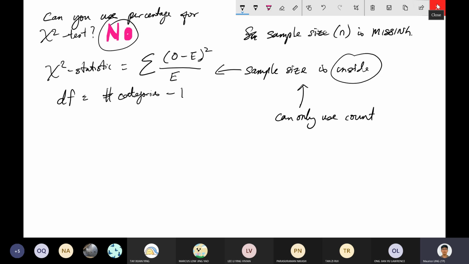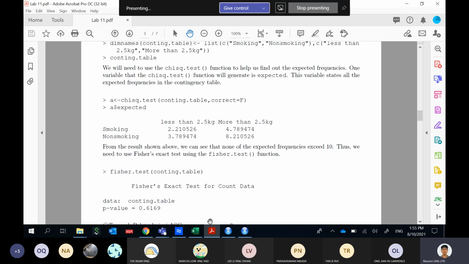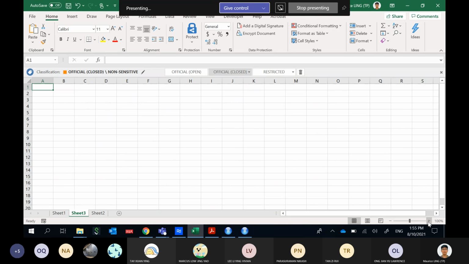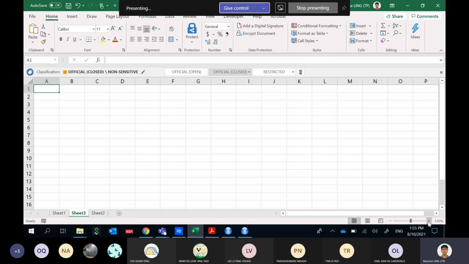Okay, so let me give you a scenario, and this is my favorite scenario that I always give. Let's say you are doing an experiment and your null hypothesis is that 50% of the people like coffee, 50% of the people like tea.